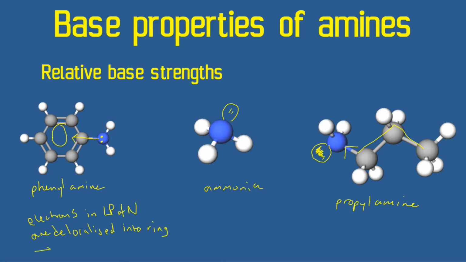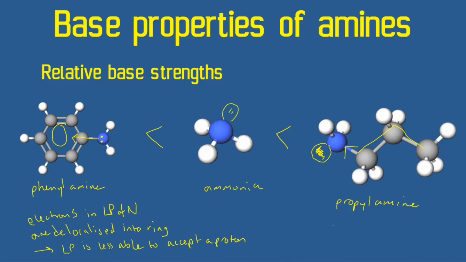Well, if they delocalize into the ring, then the lone pair is less available, or less able to accept a proton or a hydrogen ion. So in terms of relative base strengths, we said that propylamine is greater than ammonia, but likewise ammonia is going to be greater than phenylamine because the lone pair has been delocalized into the ring. So make sure you're talking from the point of view of both of these.